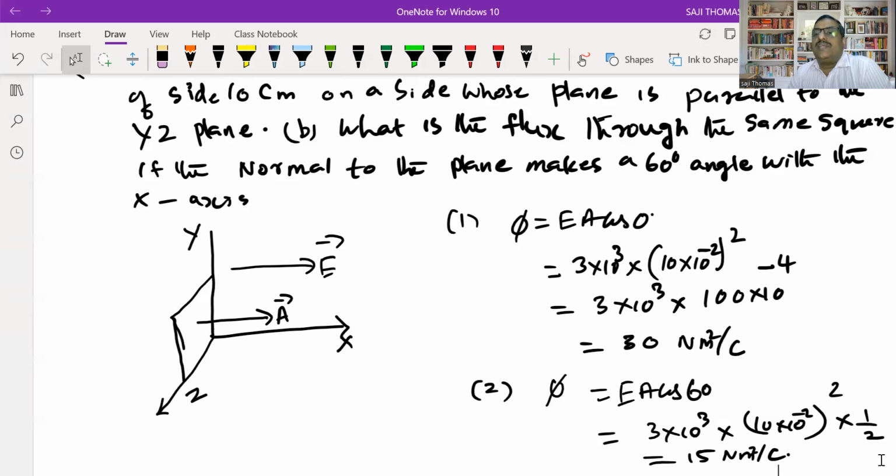Then you have to take theta as 30 degrees only. So remember that. Theta is the angle between the normal to the plane and the electric field. If the question says not the normal to the plane but the plane itself makes an angle of 60 degrees with the x-axis, then you have to take theta as 30 degrees.